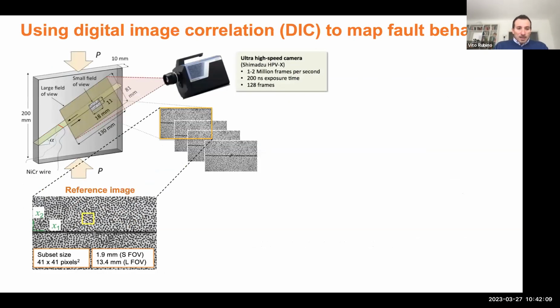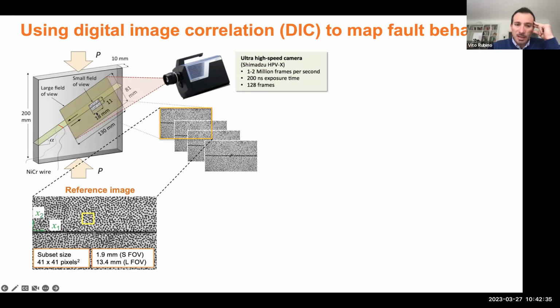So one key feature of our setup is the capability of measuring the full field characteristics of dynamic ruptures. The method is based on digital image correlation. For those of you who are not familiar with the method, the main idea is that a sequence of images is captured by a high-speed camera.